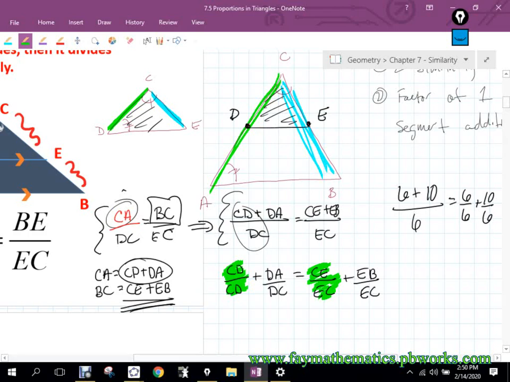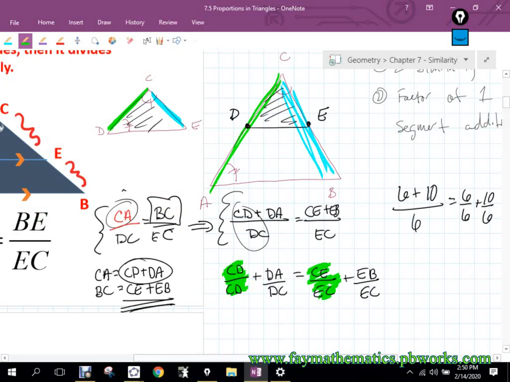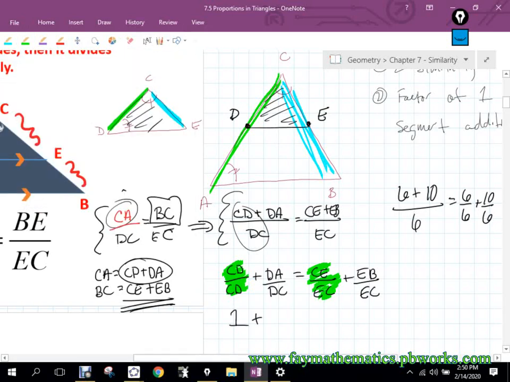What's anything divided by itself? 1. So really, this thing turns into 1 plus AD over DC, and I'm going to write it as AD instead, equals 1 plus, I'm going to write it BE over EC.